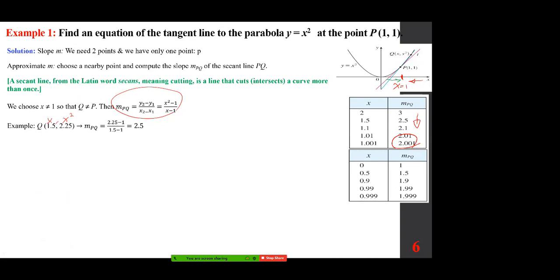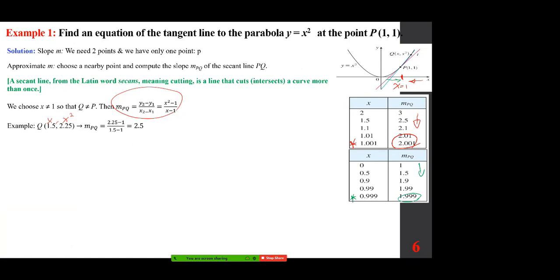And if we look at this column, the last one is 1.999. Why am I using the last one? Take a look: this is the closest number to 1, and over here, this is also the closest number to 1. So I hope you realize we can guesstimate the limit to be somewhere between the two.